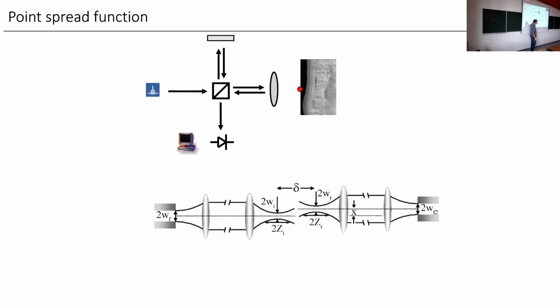It is called the Rayleigh range. And for the detection part, we have the same thing, but now it is the receiving waist and the receiving Rayleigh range. A lot of these quantities will be the same if everything is symmetrical, though for argument's sake we could make a difference.